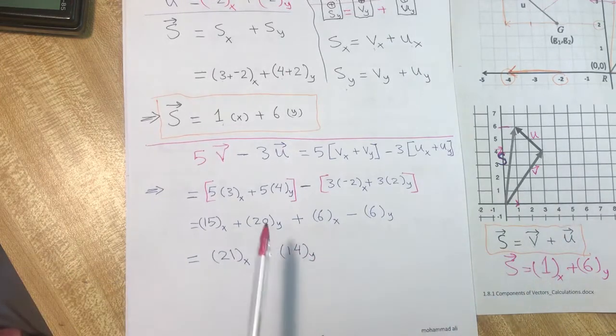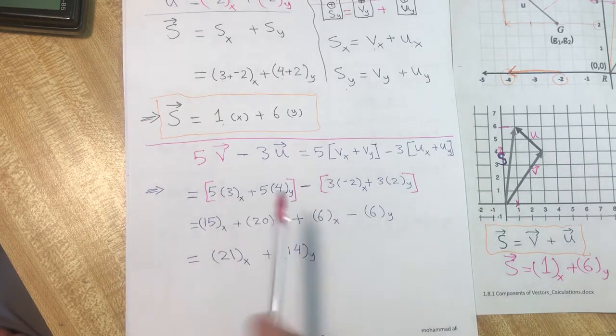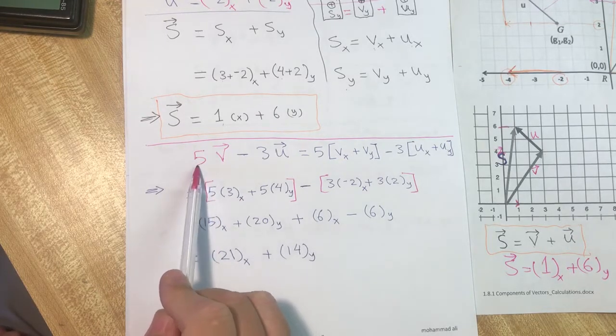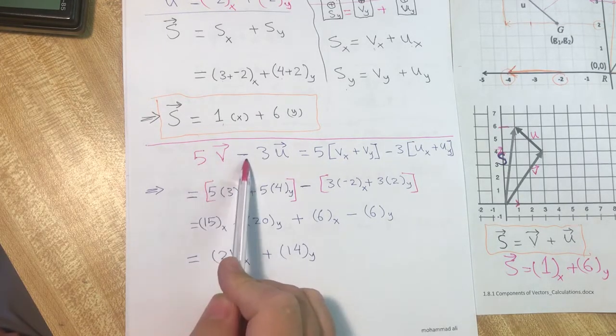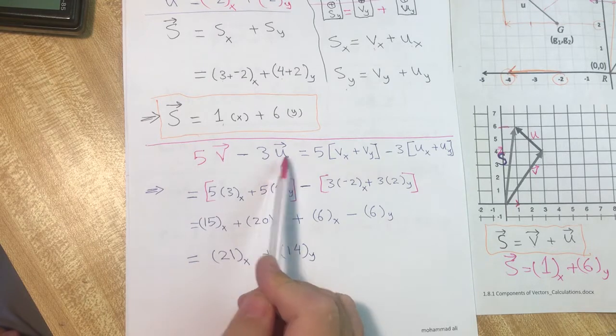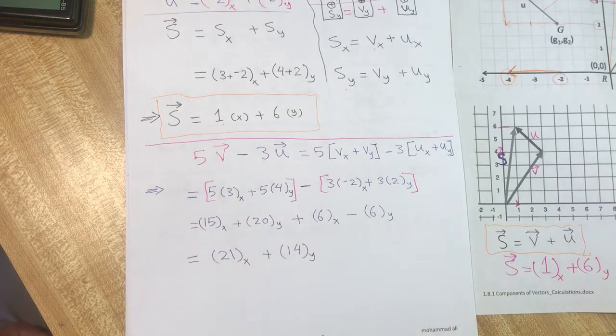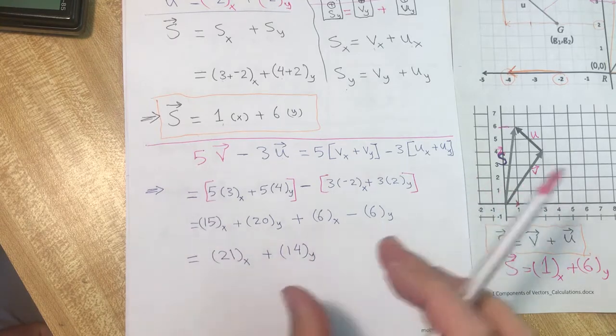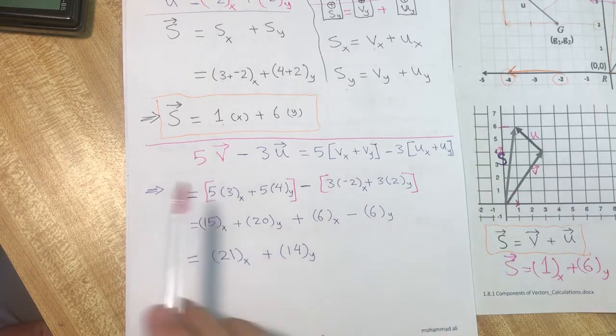What if we need to multiply one of these vectors by a number? What if we need to find 5v minus 3u? We see from before that we can multiply a vector by a scalar, by a number. This will give us the same vector but with different length.